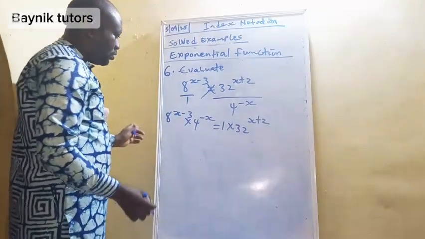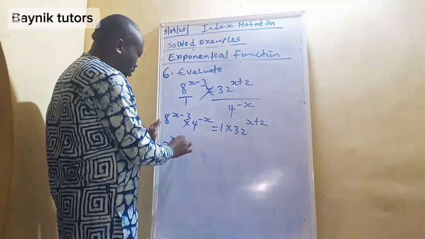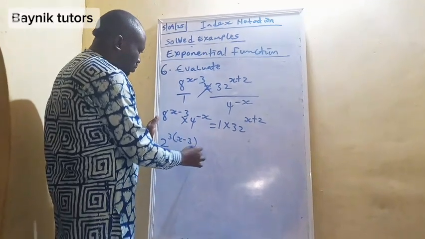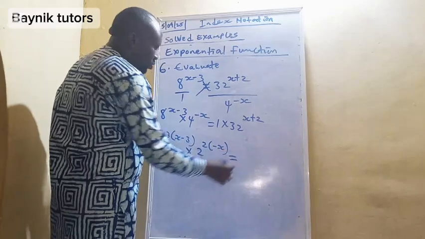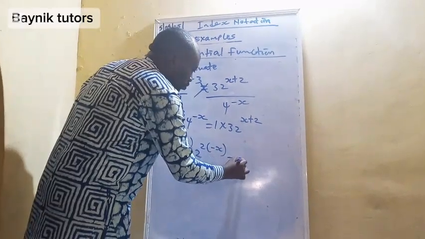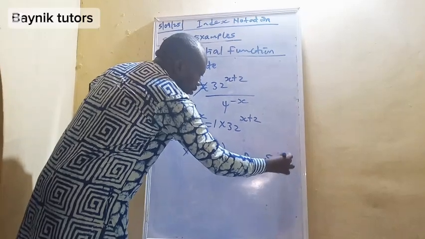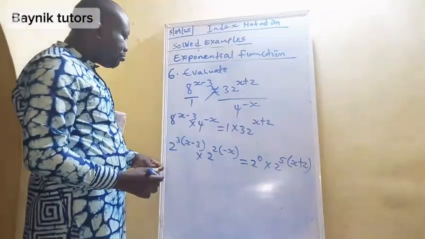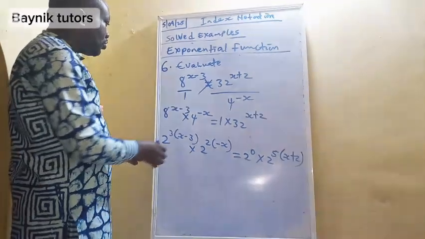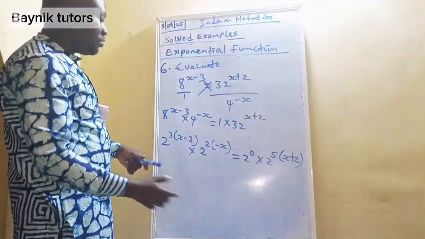So here will now be 8 is 2 raised to power 3(x minus 3) multiplied by 2 raised to power 2(minus x) is equal to 1, which is 2 raised to power 0, multiplied by 2 raised to power 5(x plus 2). So that we ensure everything is now in base 2. 1 is 2 raised to power 0.